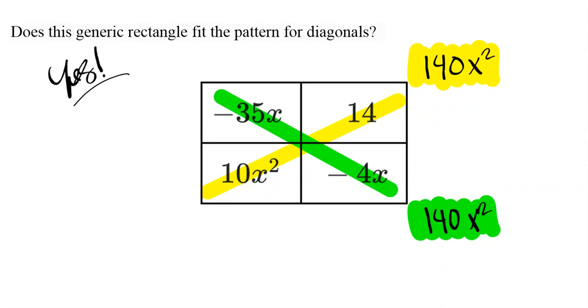When you multiply diagonals in a generic rectangle, if everything's in the right place, you get this. If something's wrong, you don't get this. So this is a way to check that the rectangle is set up correctly. Are these two the same?